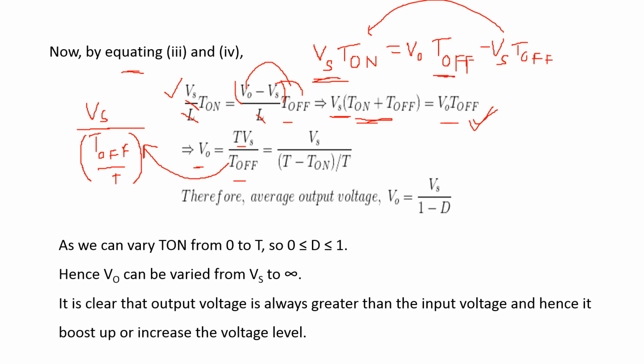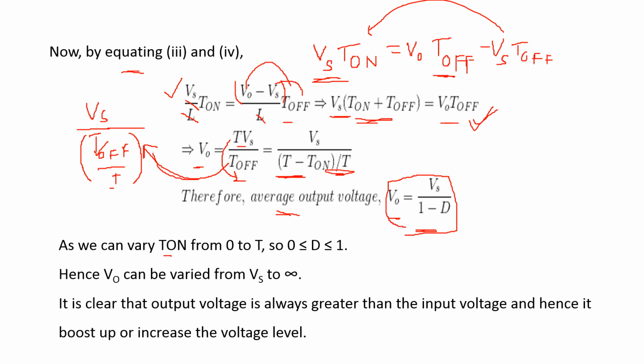We can write this expression as Vs by T off by T. So V0 is equal to Vs by T off by T. Here we can write T off as T minus T on, that is Vs by T minus T on by T. By simplifying this expression, we get the average output voltage for a step up chopper, V0 is equal to Vs by 1 minus D. This is the expression for the average output voltage of the step up chopper.